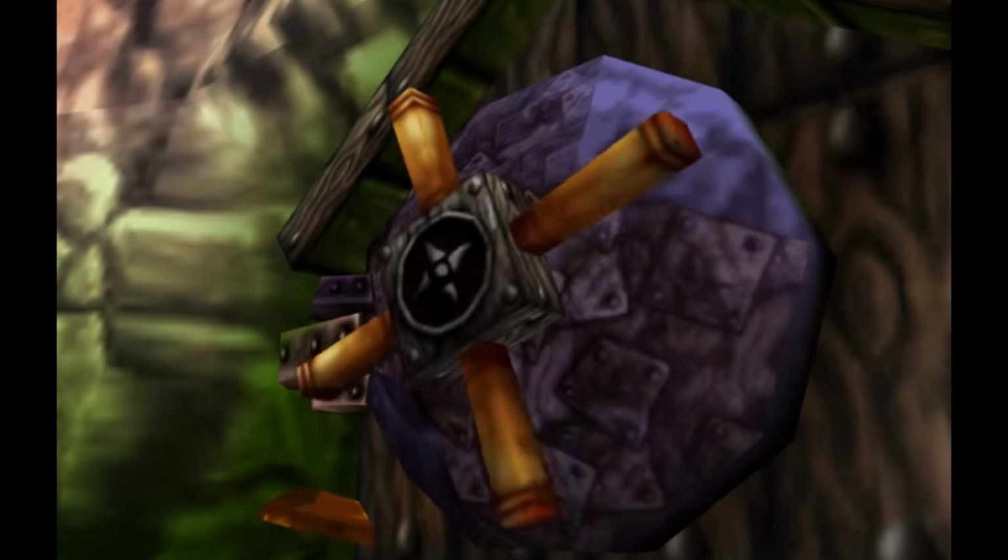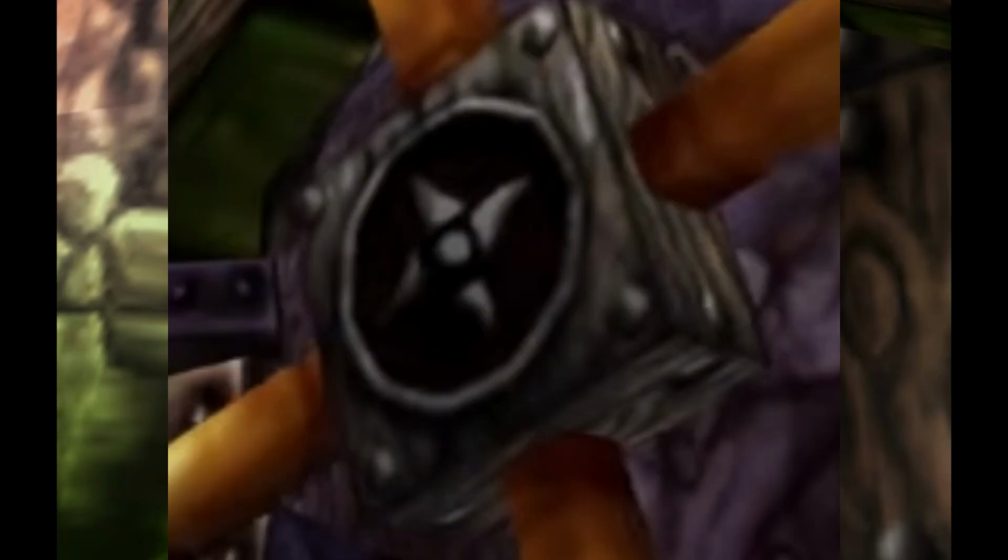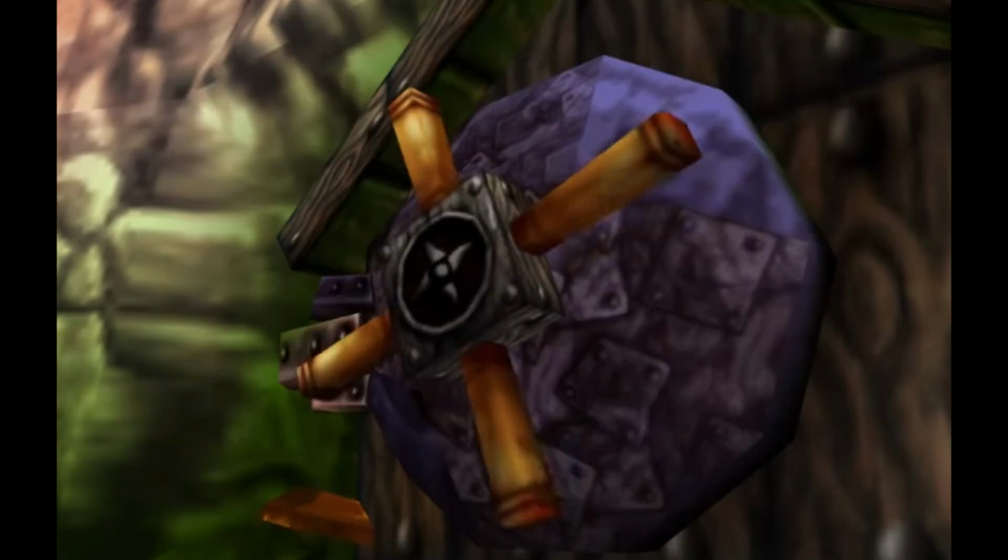Hello. I want to talk about that little shape that appears on top of the vault, the catfish vault, where you see a little icon on the door that looks like four triangles on a little circle, basically.